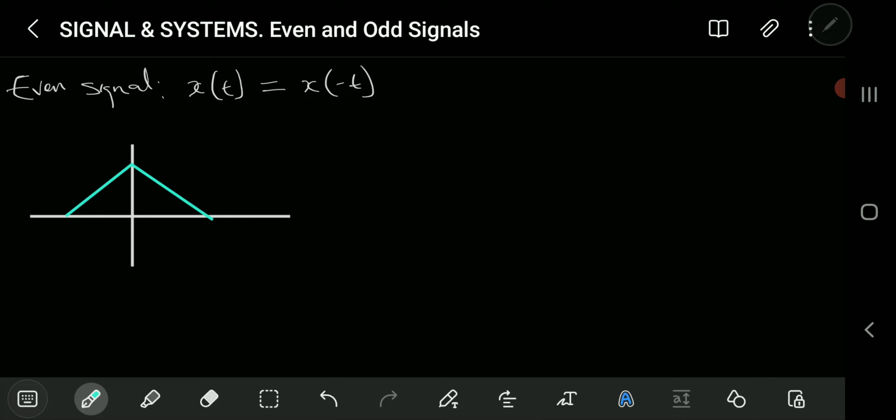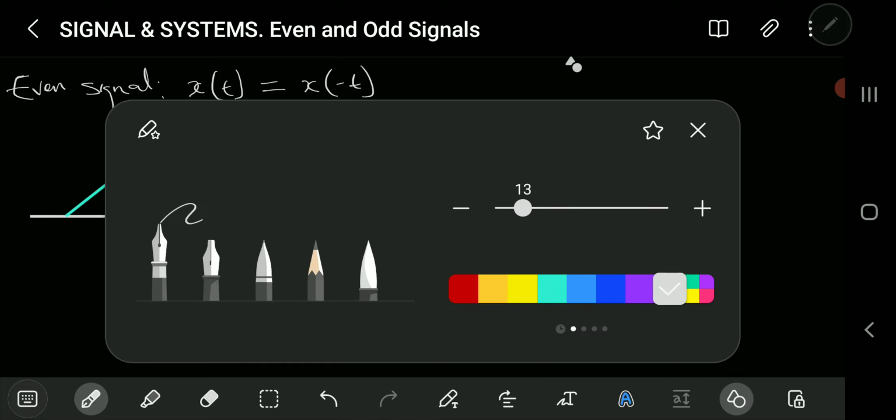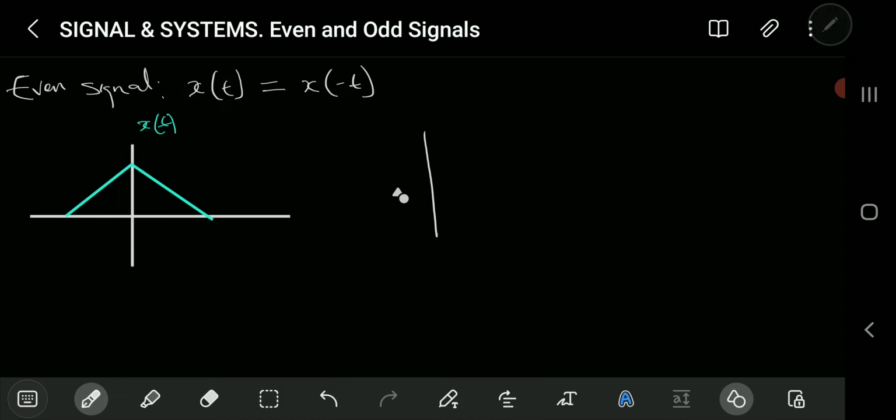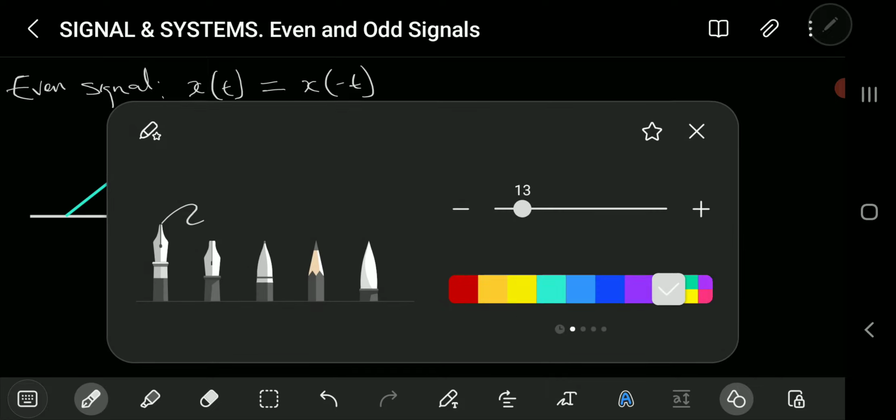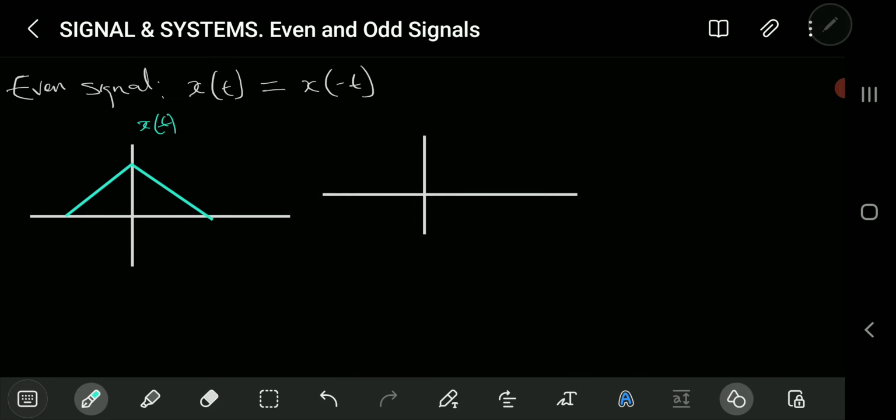Now what you discover is that if this is our x of t, and I mirror this signal, that means if I flip this signal along the y-axis, if I fold it, I'm still going to have the same signal. It's still going to look like this.